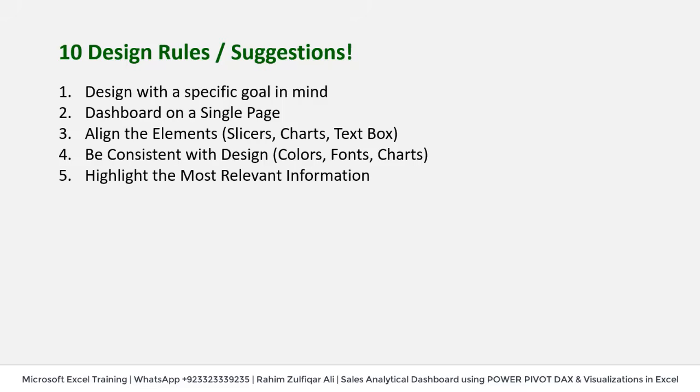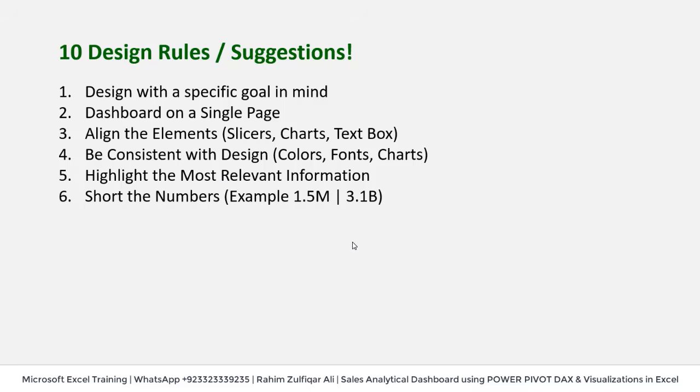Highlight the most relevant information, like you can show the maximum value with a different color or the minimum value in a different color, profit, loss, or any other thing. So you need to decide what is the relevant information and highlight it differently. Shorten the numbers.